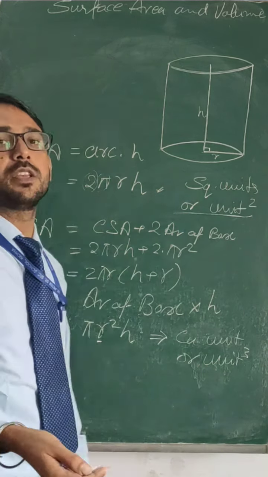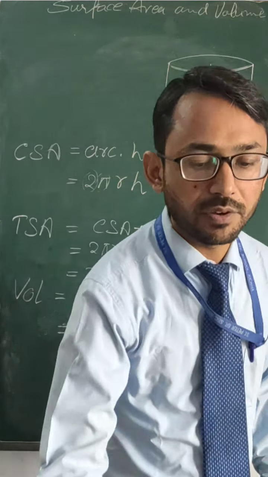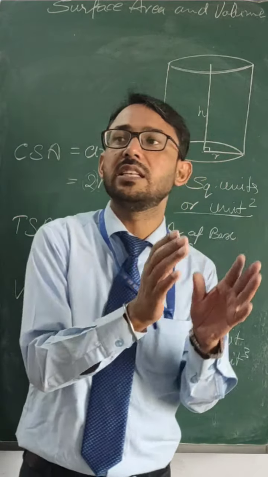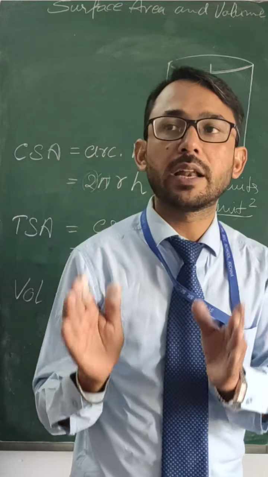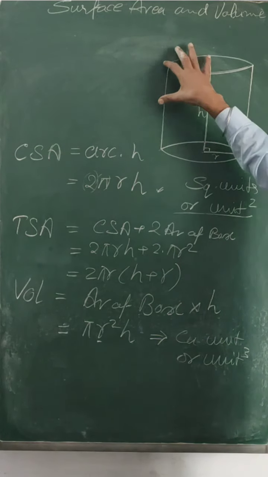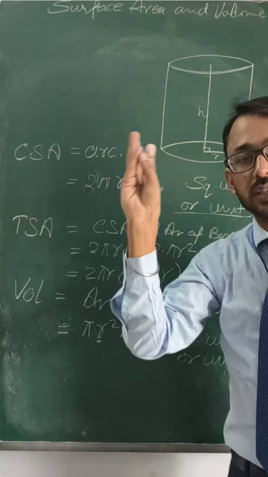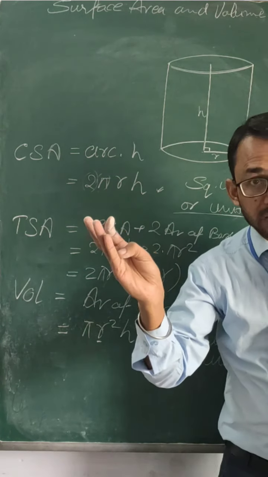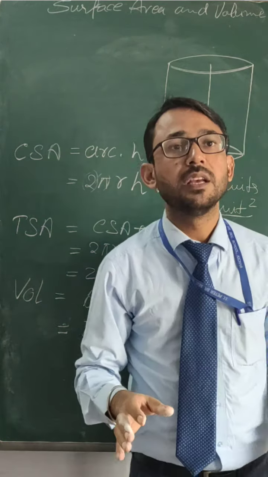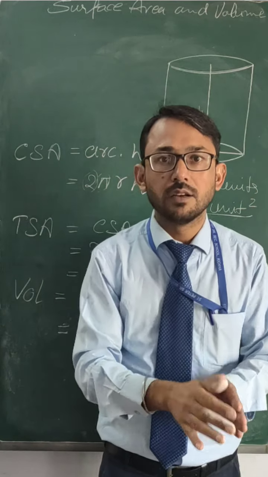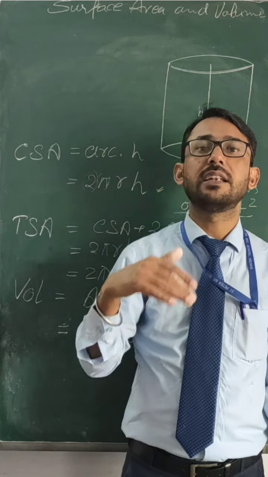Unit cube and cubic unit are the same. This is the way we will write the units. I suppose now you are able to understand the cylinder, its curved surface area, its total surface area and its volume. These formulas you have to learn. The rest of the things we will take in the next class.